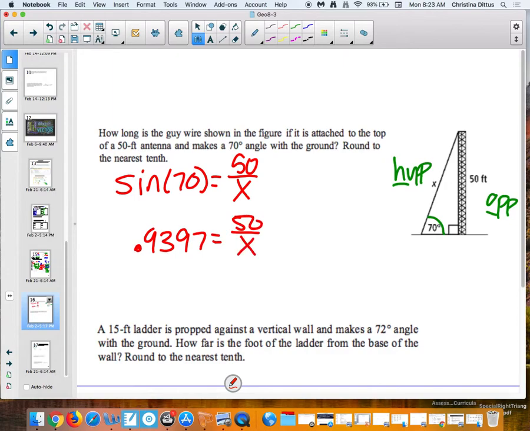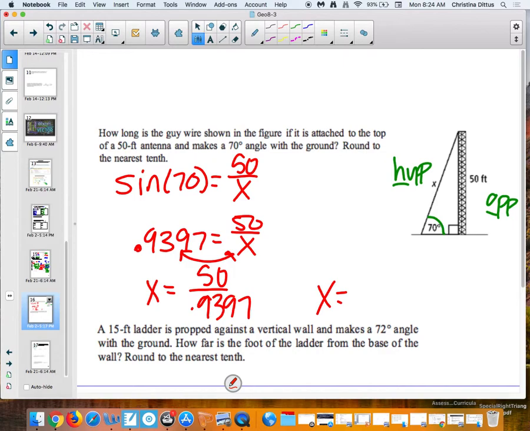When we have x on the bottom, how do I solve? Multiply by x, then you're gonna have to divide by your numbers. So all you're doing is switching these. So your x is 50 divided by 0.9397. X equals 53.2. Do you guys agree with that?